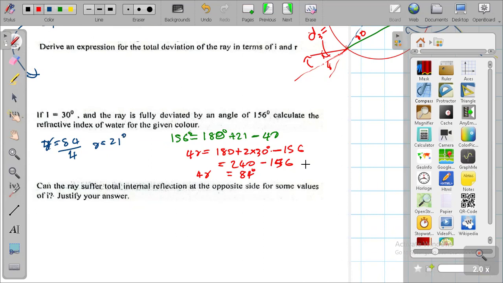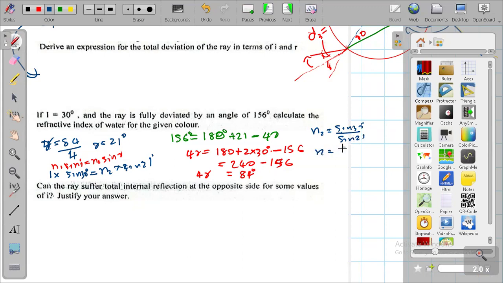Now you have to find the refractive index. You know the way to do it: N1 sine I equals N2 sine R. Just substitute; N1 is air. Sine 30 equals N2 times sine 21. N2 equals sine 30 over sine 21.